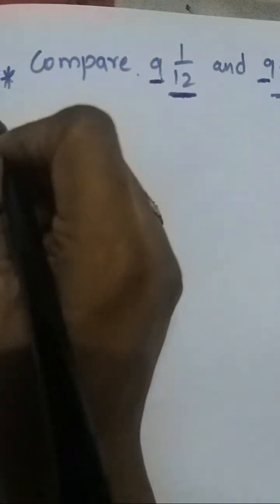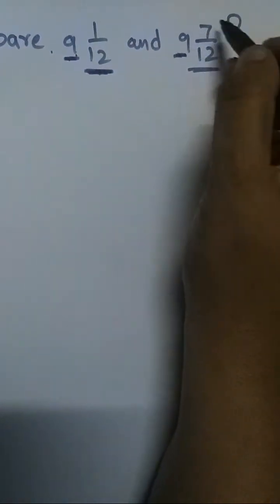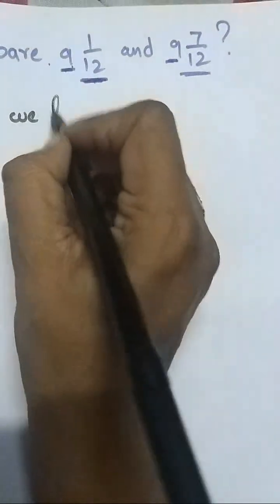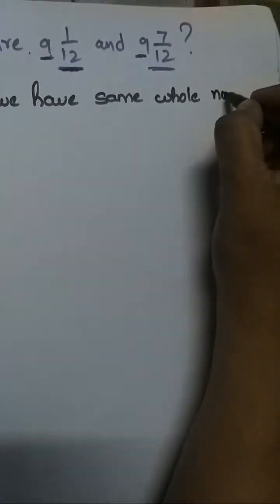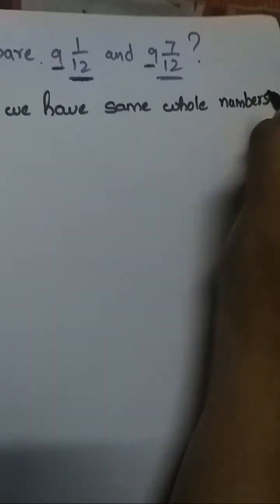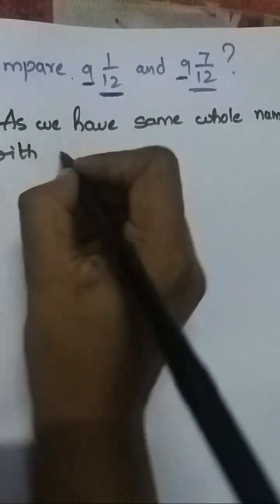Then what will you do in the solution? We have to use another method. We have to compare the proper fractions, as we have the same whole numbers with like denominators.